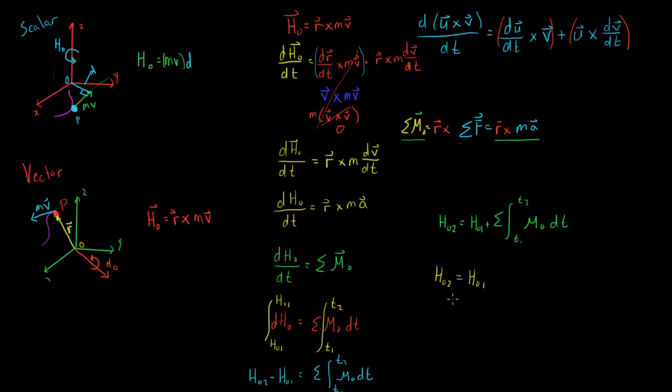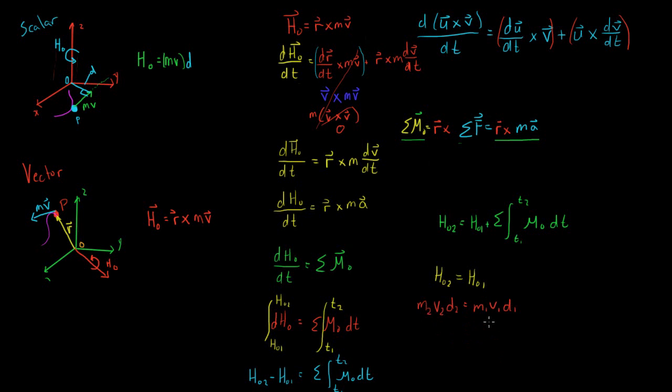So with this equation, let's say we substitute in our scalar formulation, we're going to have m2 v2 d2 is equal to m1 v1 d1. And it's not uncommon to see this equation right here.